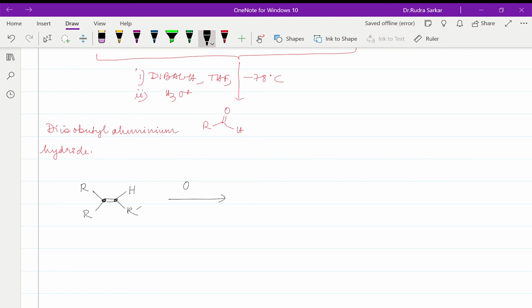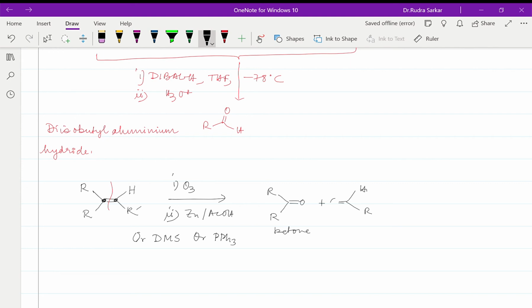If we use ozone, and as a reducing agent we can use either zinc in presence of acetic acid or in water, or dimethyl sulfide, or triphenyl phosphine, the bond will be cleaved like this, and the left hand carbon will be giving you the ketone, and the right hand part will be giving you the aldehyde.